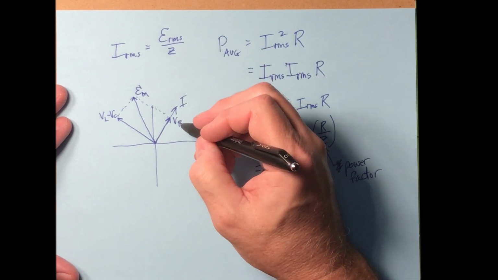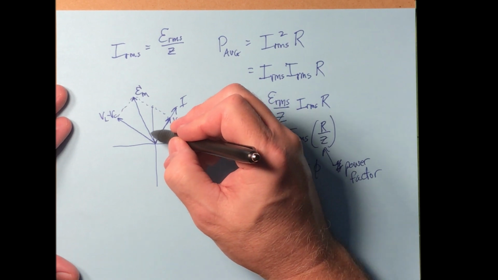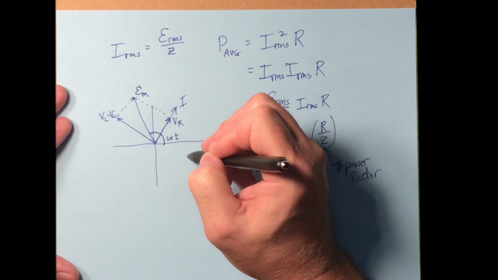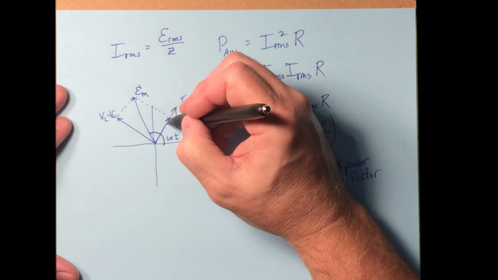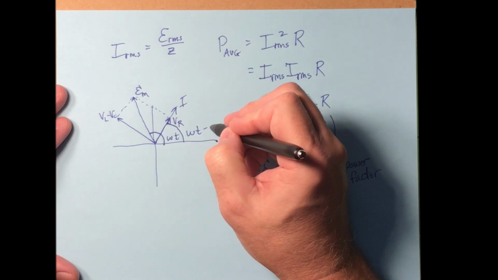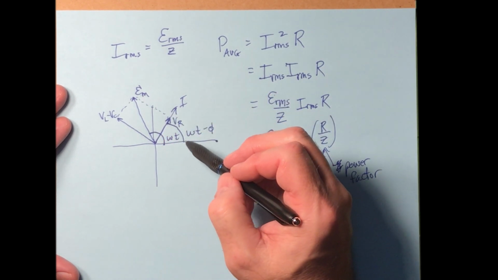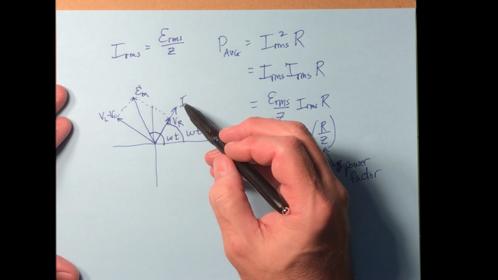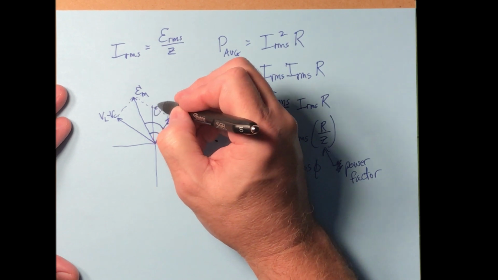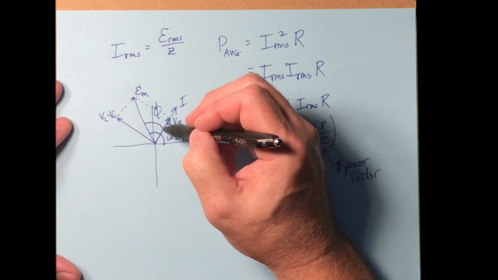That's the E vector. Now these angles are kind of important to us here. First of all, to here, back to here is omega t. But from, let's say, here back to here is omega t minus phi for the I. So this is the angle of the EMF vector, this is the angle for the current vector, and that makes the angle between these two right here phi. All right, now look at this triangle where phi is.